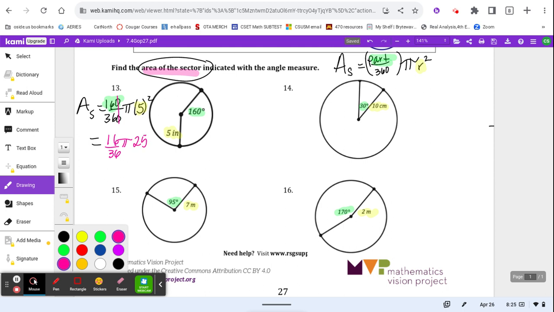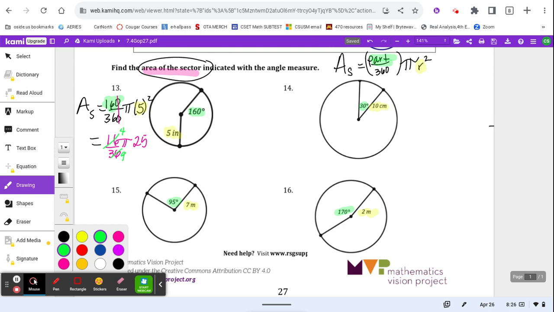Well, 25 and 36 looking diagonally, nothing can go into those. But if I look at the 16 and the 36, obviously they're both even. A 2 could go in, but could anything bigger go in? For example, a 4. 4 does go into 16 4 times, and 4 does go into 36 9 times.